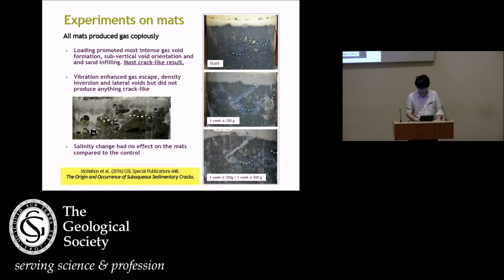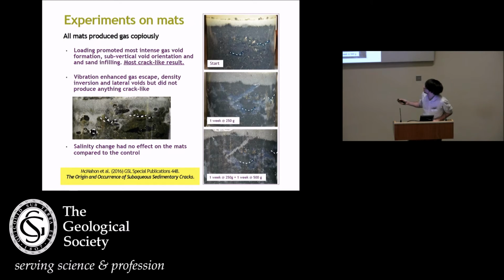But it did seem that applying weight to the top promoted the production of these gas voids and seemed to favour more vertical or subvertical orientations than in the other experimental conditions. And where these voids connected with the sand layer that we piled on top in some of the experiments, the sand would just passively fill them in and create structures that might be analogous to some of the things that are described as sedimentary cracks in the rock record.